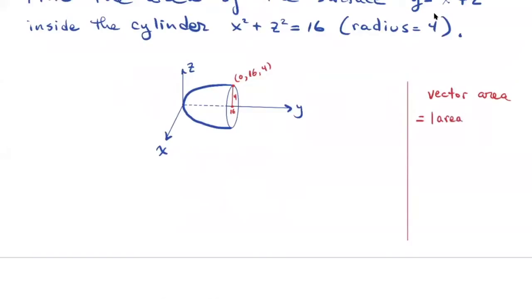A vector area is area times a unit normal.